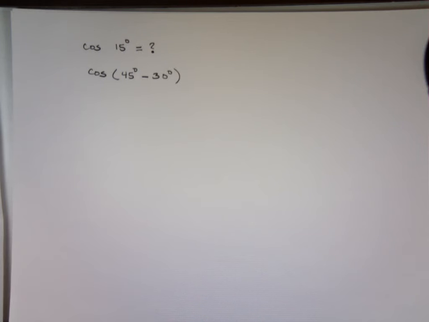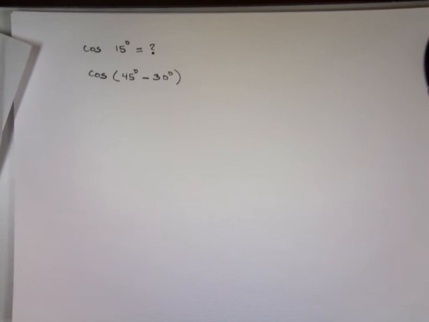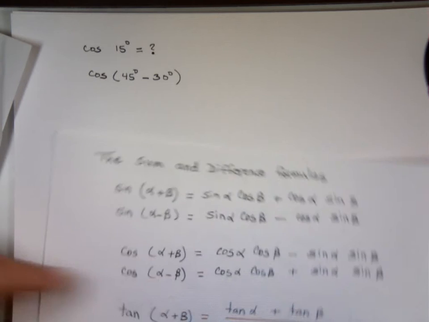No, you can't take the answer of this minus the answer of that. That's a subtraction. Cosine and subtractions. Where's my cosine identity? I have cosine alpha minus beta.